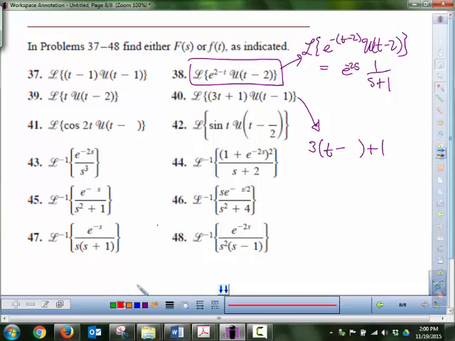So what are we going to add? We want to add a minus 1. So we're adding a negative 3 essentially, so we have to add a positive 3 here. So 3t plus 1 becomes 3 parentheses t minus 1 plus 4. And again, if you simplify this, you should get 3t plus 1.